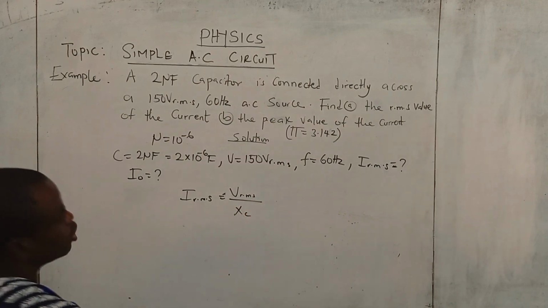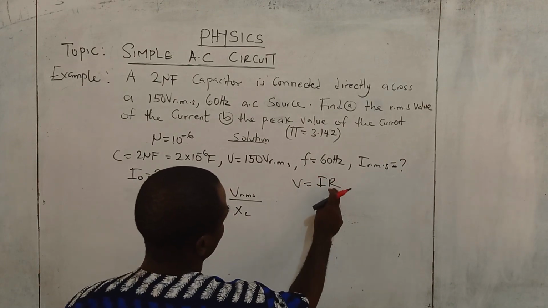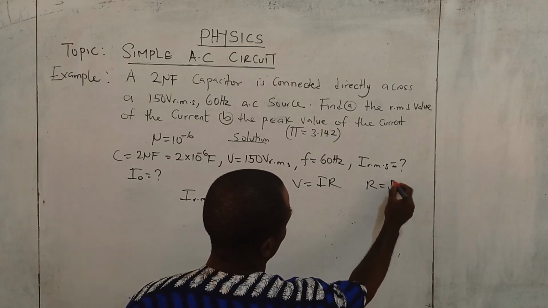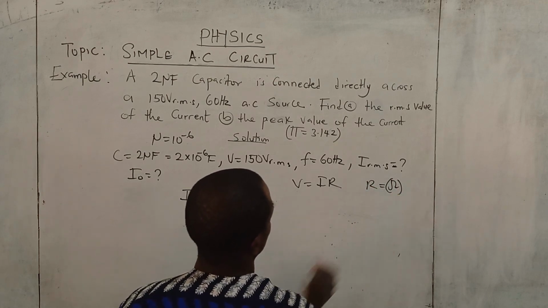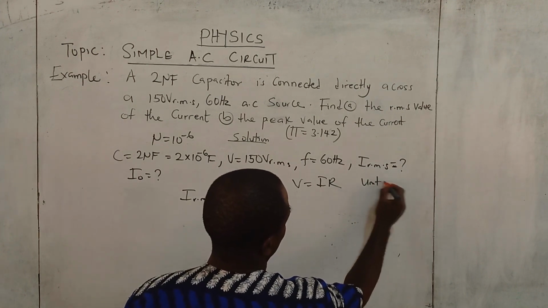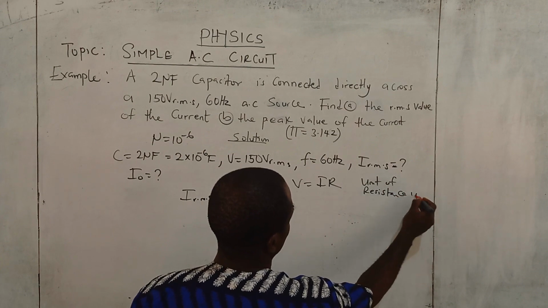How do you know that? You know from the standard formula V equals IR, where R is resistance, and the unit of resistance is ohms.